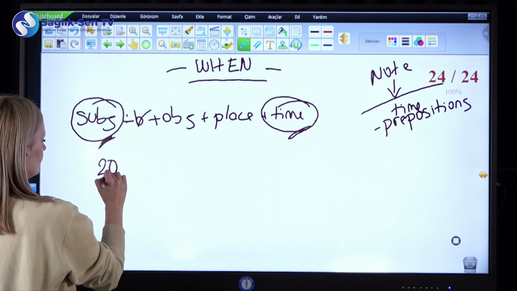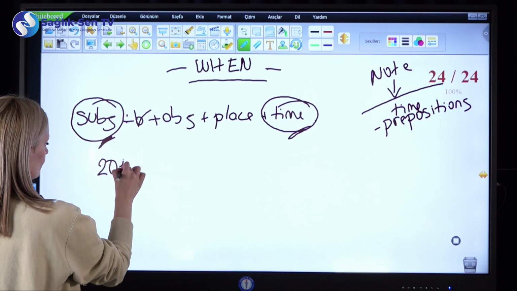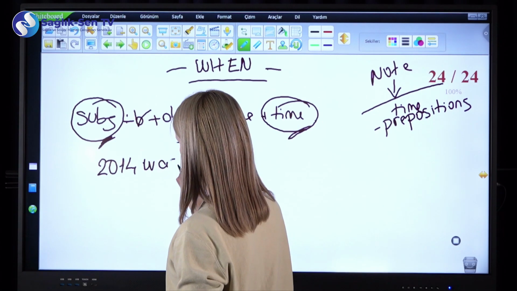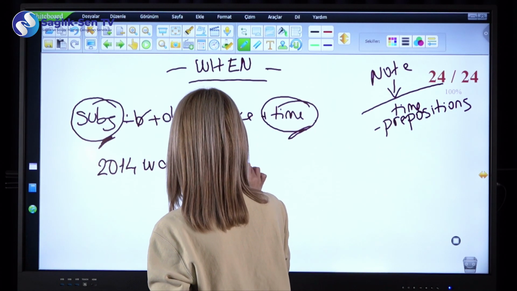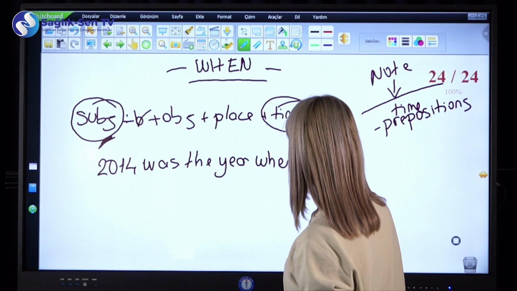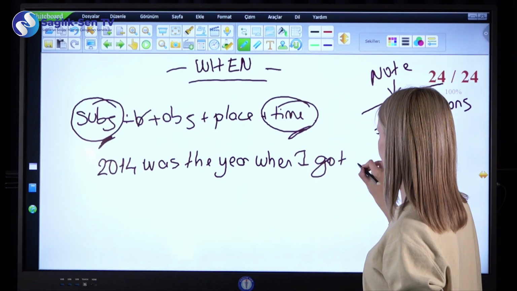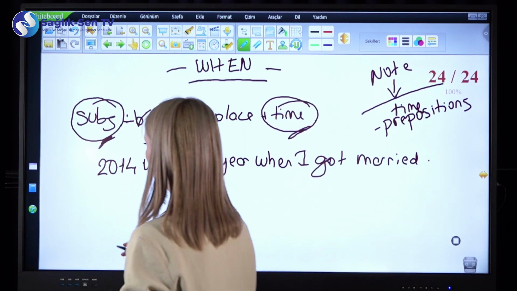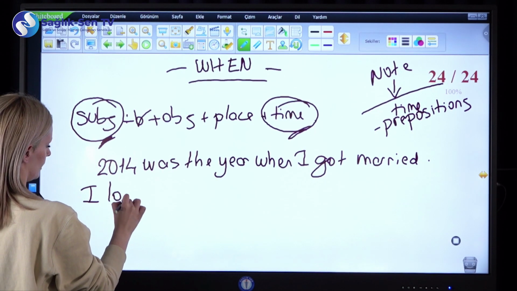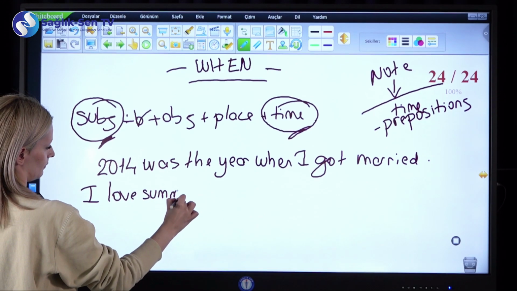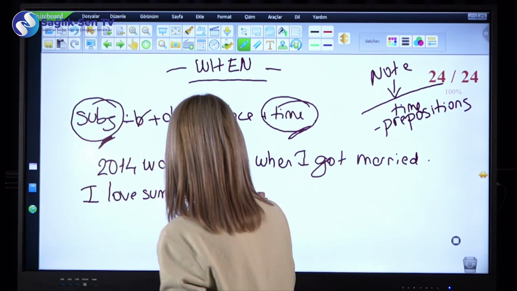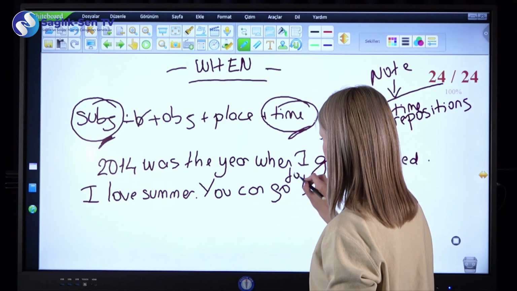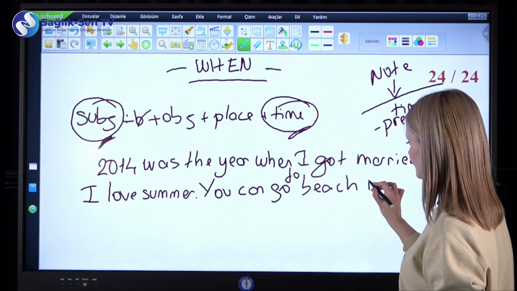For example, 2014 was the year when I got married. Or, I love summer. You can go to the beach in summer.